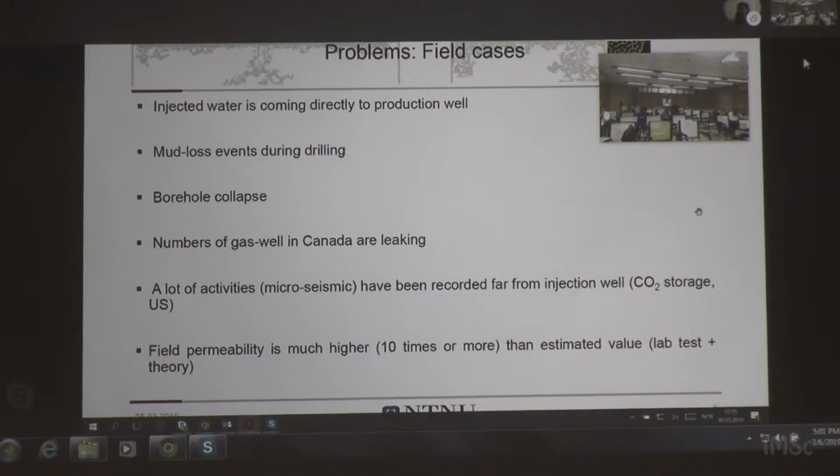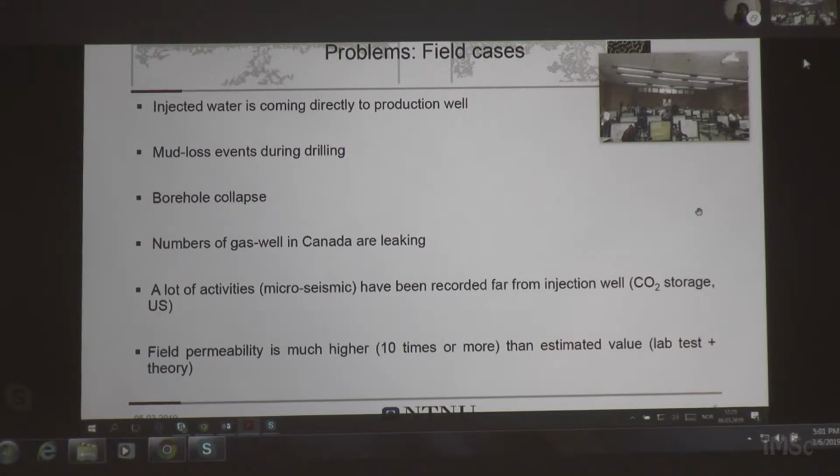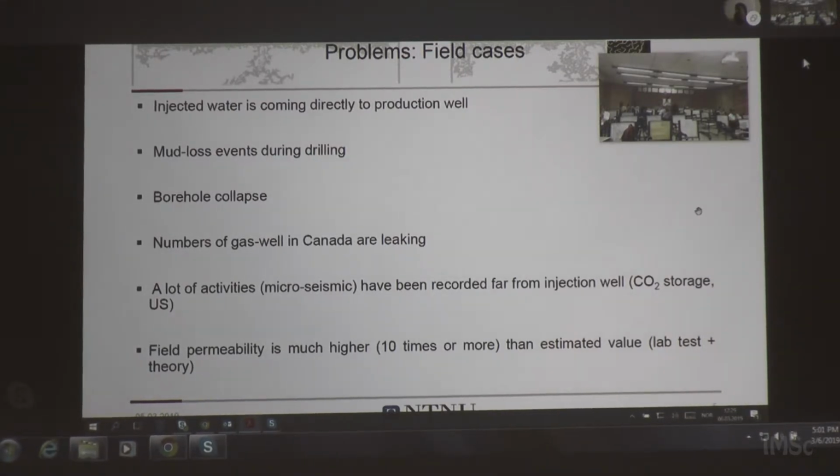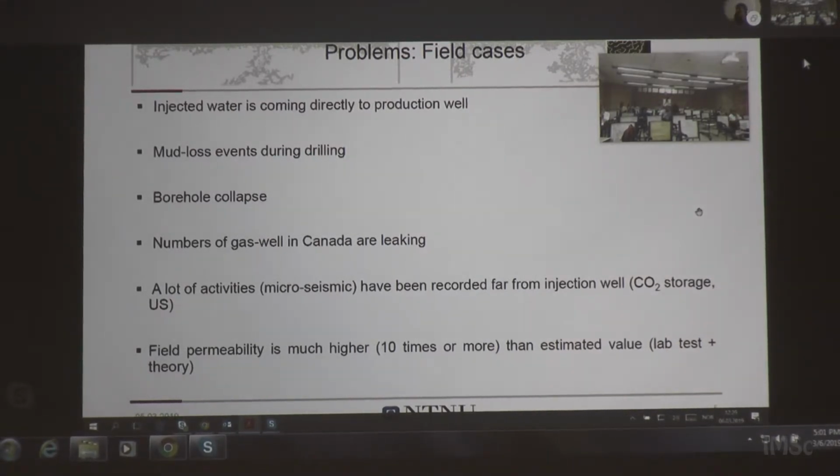So muds are costly, and if you face this situation, then you cannot actually go with your drilling plan. You have to change. Sometimes you lose your oil. And if that fracture is quite big, it can result in a borehole collapse. It's a total collapse of the borehole. So sometimes it happens.